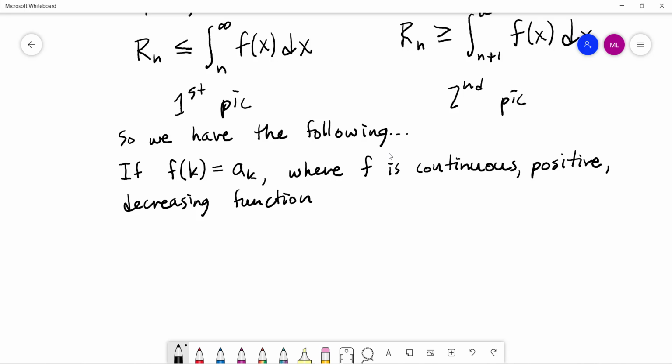So f is a continuous, positive, decreasing function, at least for all x after a certain point, after n, the point that we're interested in.